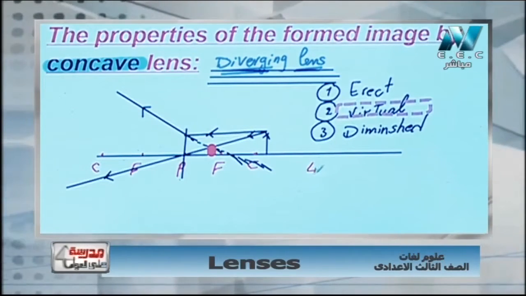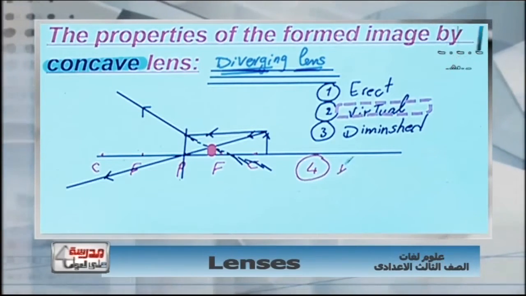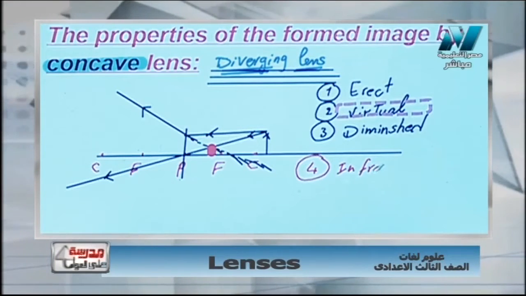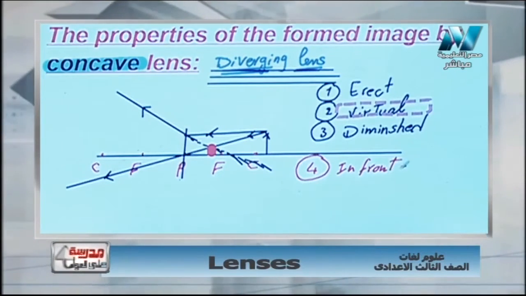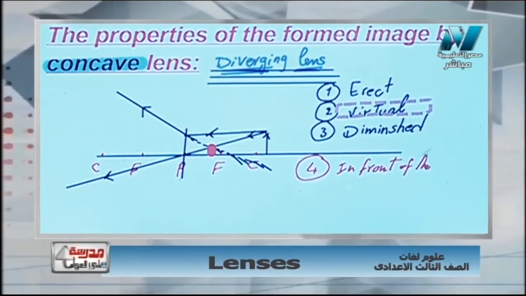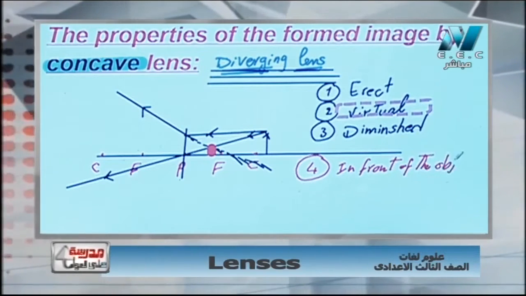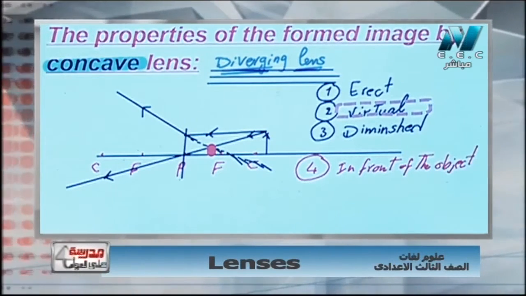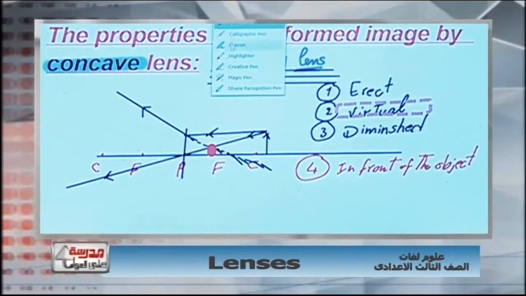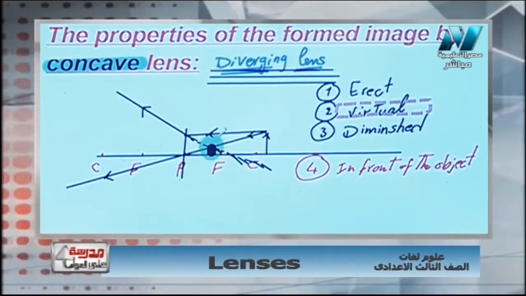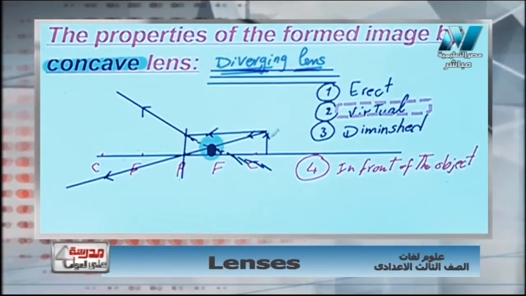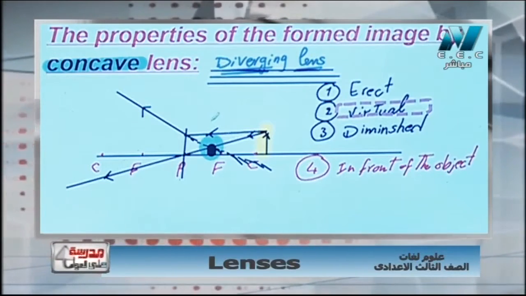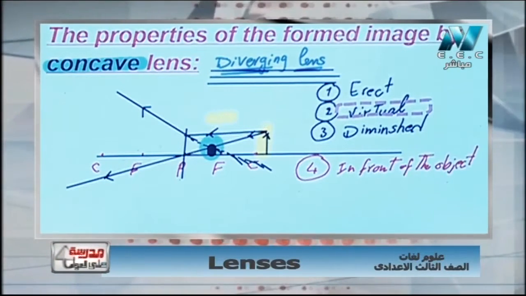So in this case the image is in front of the object, قدام الobject, as we see here: the image here and the object here. So the image is in front of the object.